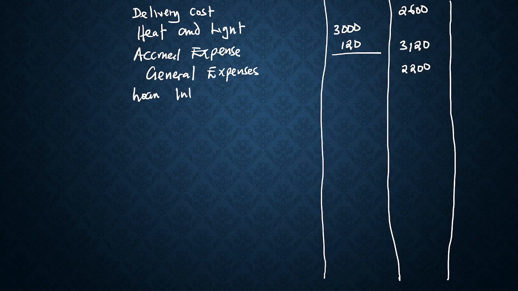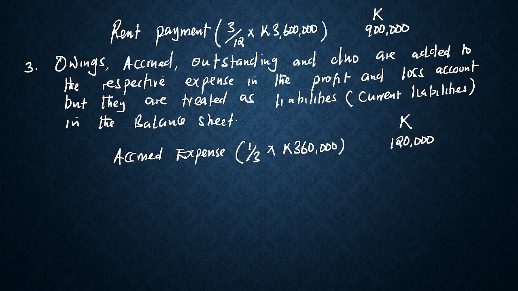Then we've got the loan interest. I think last but not the least, we have depreciation. Now let me explain on depreciation. Now we know that depreciation is the systematic allocation of what we call the depreciable amount.